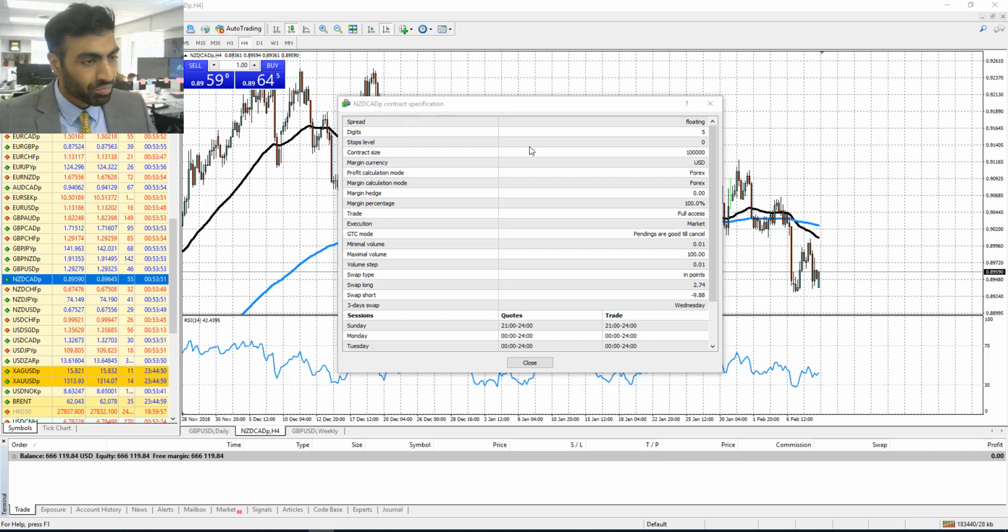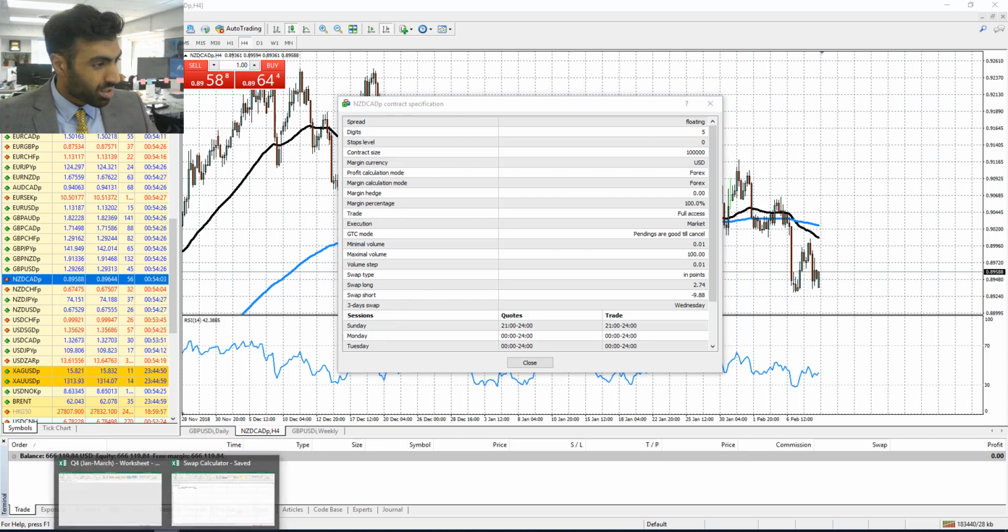Now we can see 2.74 is what will be paid if we hold long for one lot. For argument's sake, we are trading one standard lot. So if we go long Kiwi CAD and hold a position overnight, we will be credited 2.74 into the account, but that's in MT4 points. So how do we work this out in euro base?